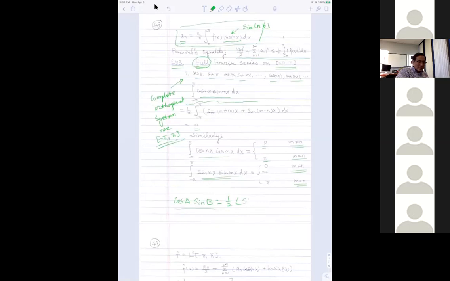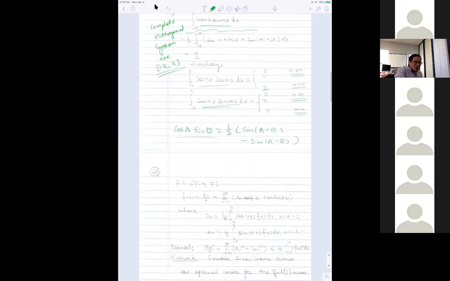It is sine(A plus B) minus sine(A minus B), with a factor of 1/2. So this is the trig identity. You can go back and use the sum and difference formulas for sine and cosine to double check this formula that we have here.